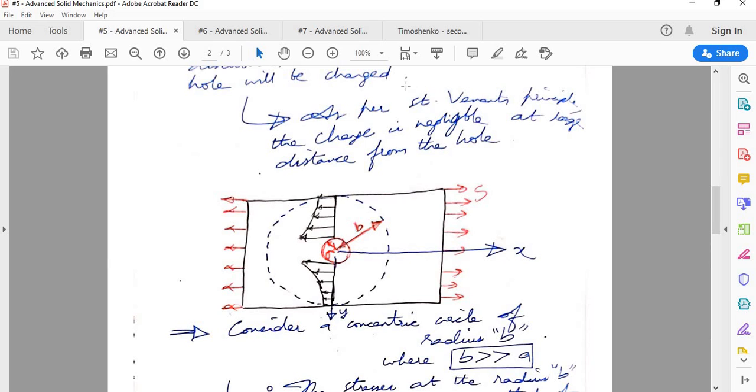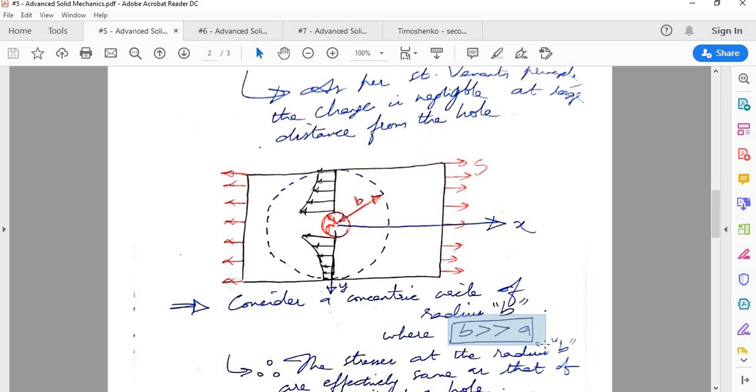Anyway, I won't go into that principle deeply, but this much I will say, the effect of stress concentration due to hole will be negligible as you move to distances far away from the hole. That is also possible since the size of the hole is much lesser compared to the width of the plate.